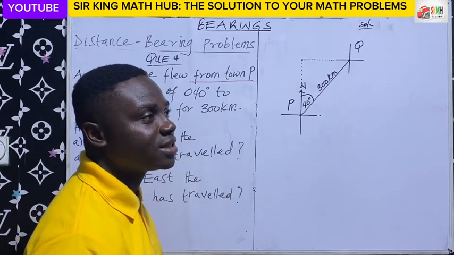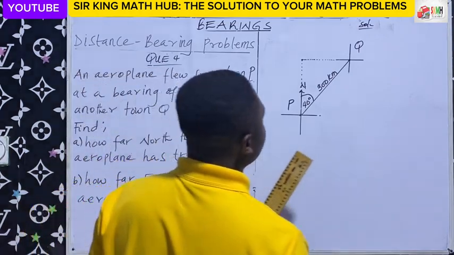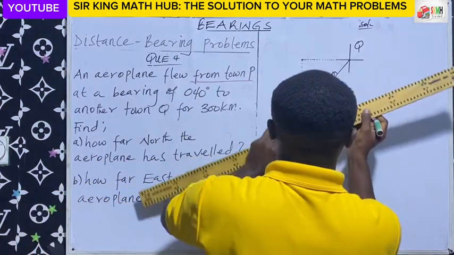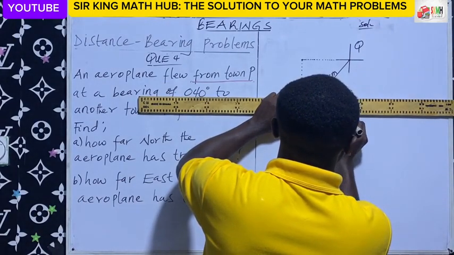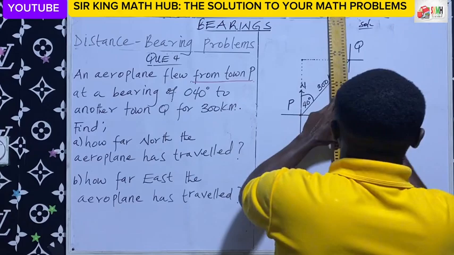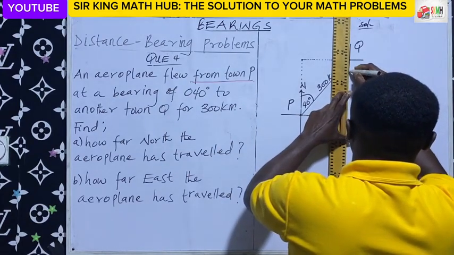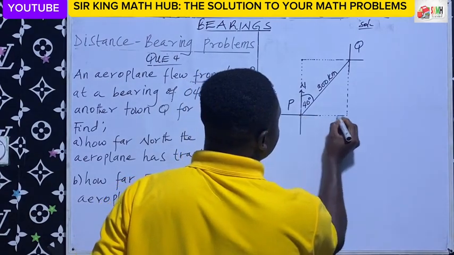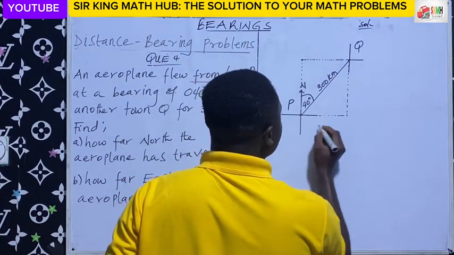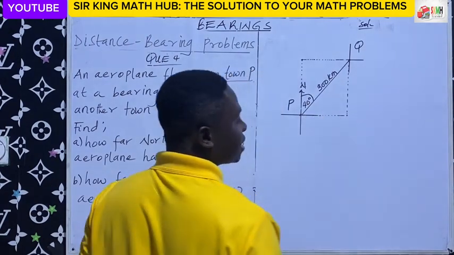What of how far east it has traveled? For how far east it has traveled, this distance here from P to this point refers to how far east it has traveled.